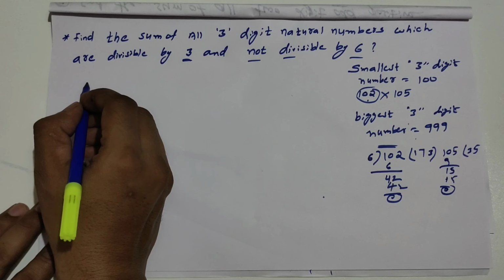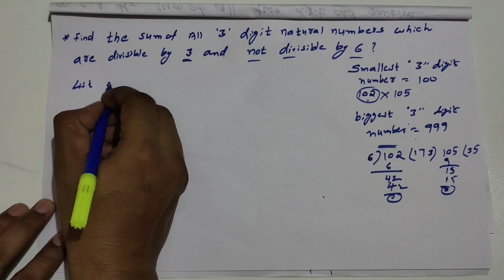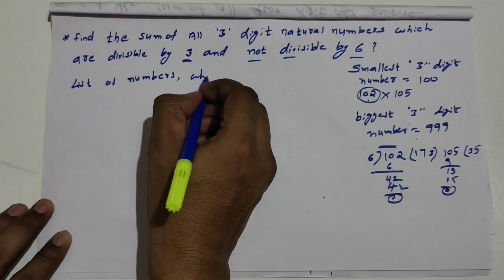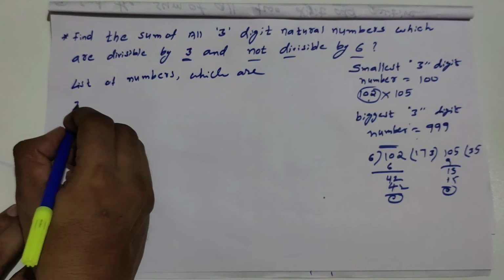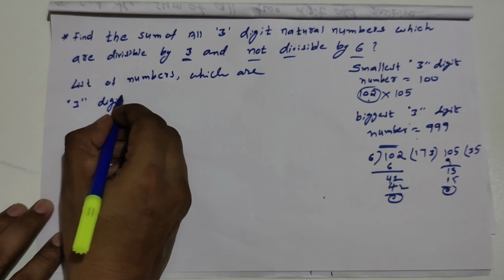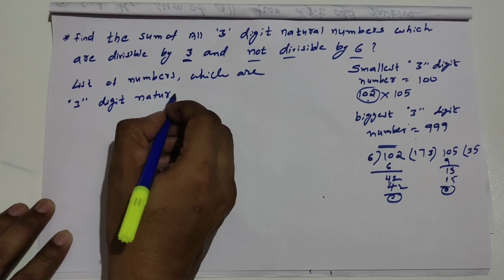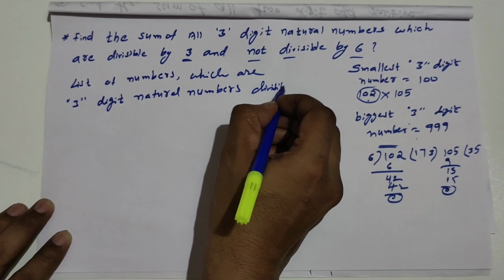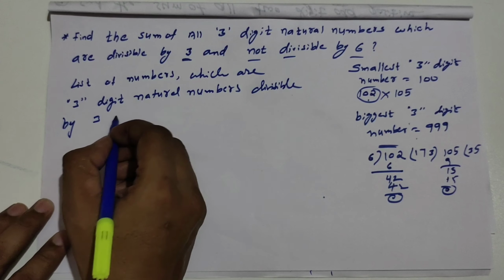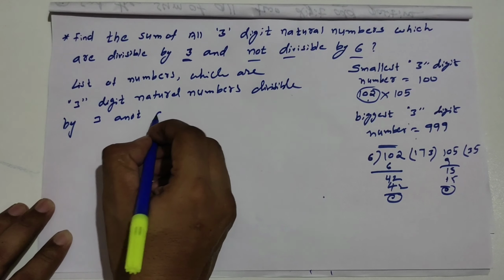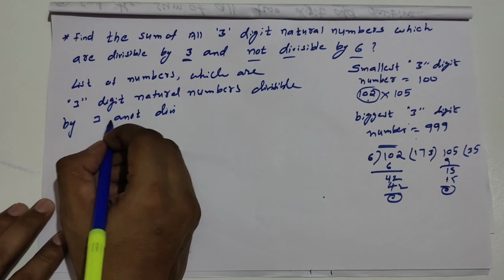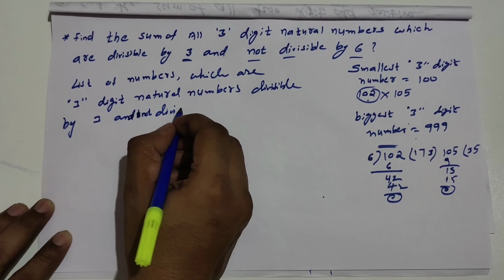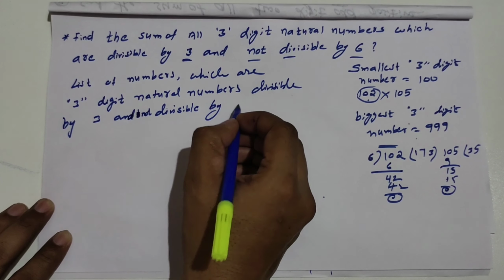So that's why we have to take the list of 3-digit natural numbers divisible by 3 and not divisible by 6.